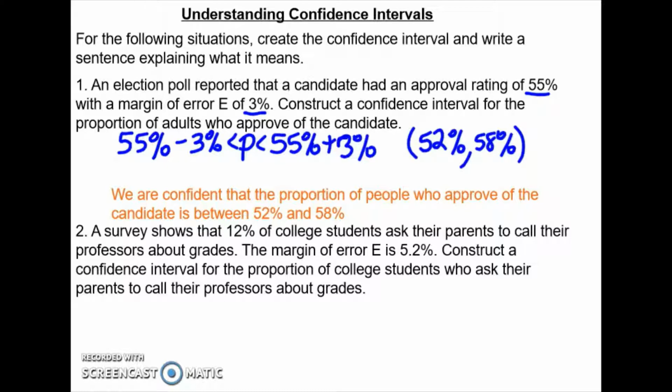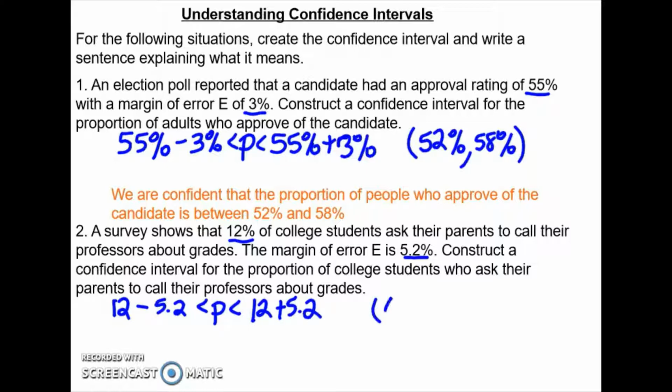Now, similar with the second problem asking about students having their parents call about grades, we would take our 12% and our error of 5.2%. So we do 12% minus the 5.2% for our lower level of the proportion, and we'd add them for the upper confidence interval.